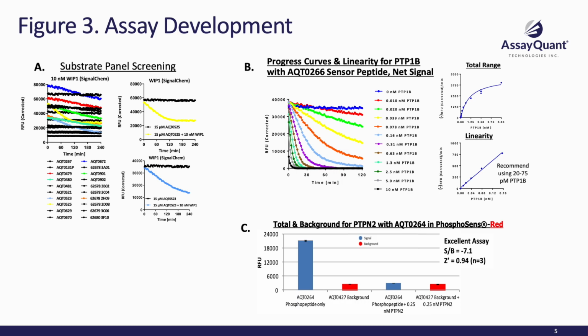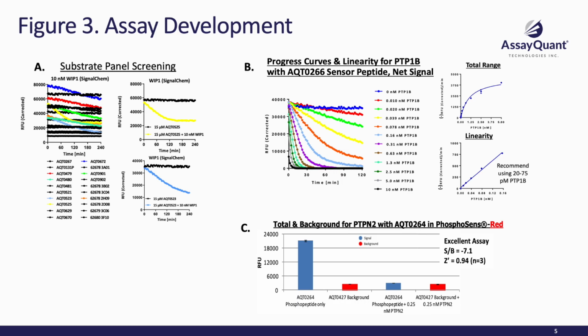Panel C shows a redshift assay for PTPN2 with AQT-0264. AQT-0427, the unphosphorylated version of AQT-0264, is run as a control. The signal observed with AQT-0264 alone is decreased sevenfold with the addition of 0.25 nanomolar PTPN2, which is shown by the blue bars.